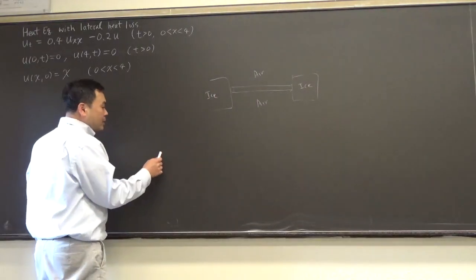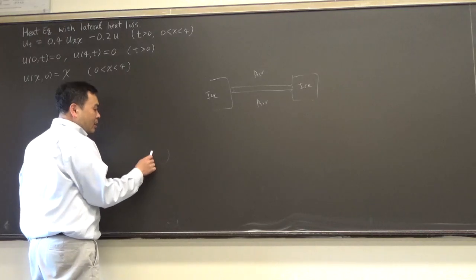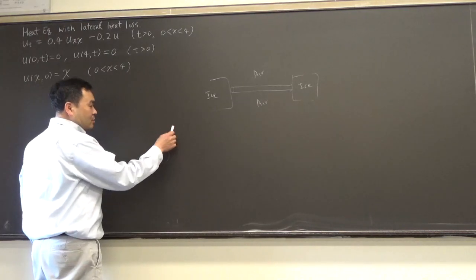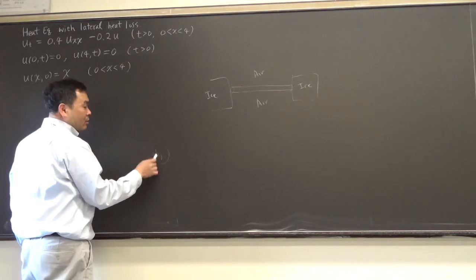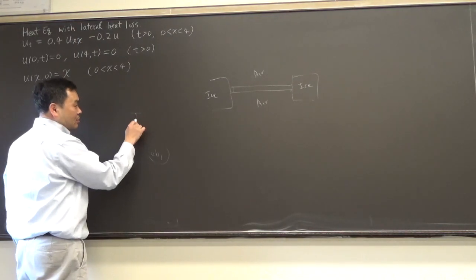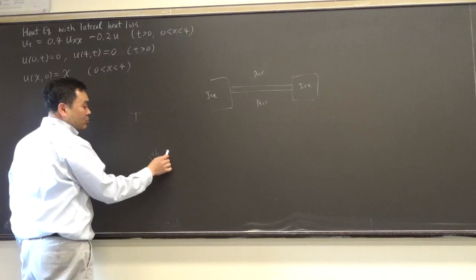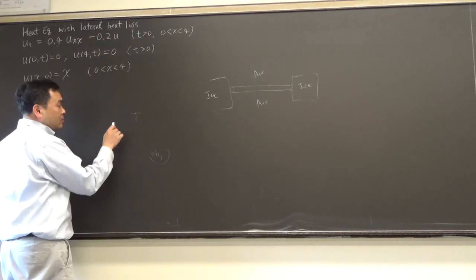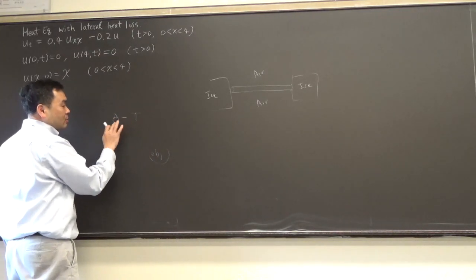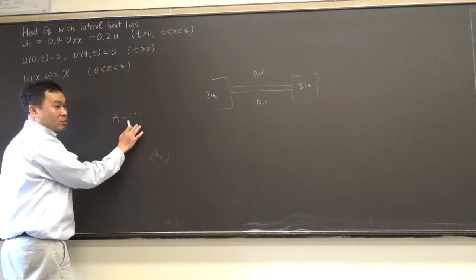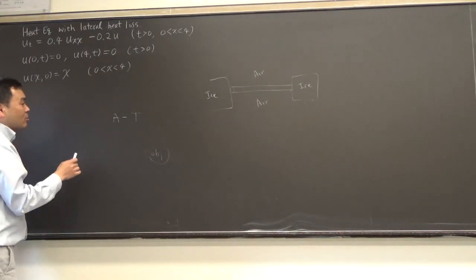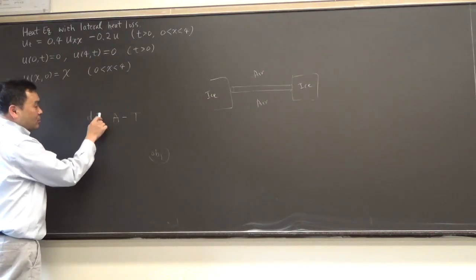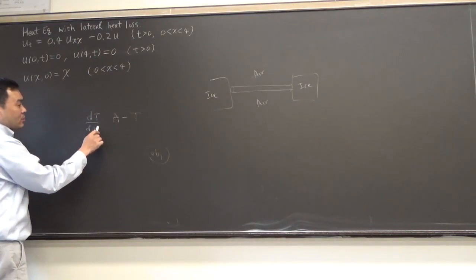So if you have any object in an ambient space, and the temperature of the object is T and the ambient temperature is A, then the difference between the ambient temperature and the temperature of the object should determine how fast the temperature would change, right?